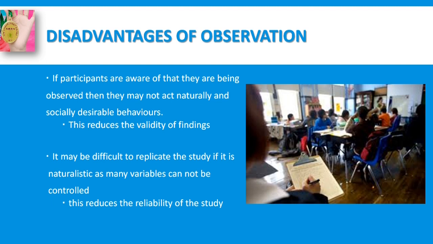Disadvantages would include that if the participants are aware that they are being observed, then they may not act naturally and may act in a socially desirable way. This reduces the validity of the findings, and it is also known as the observer's effect. It may be difficult to replicate the study if it is naturalistic or many variables cannot be controlled, so this reduces the reliability of the study.